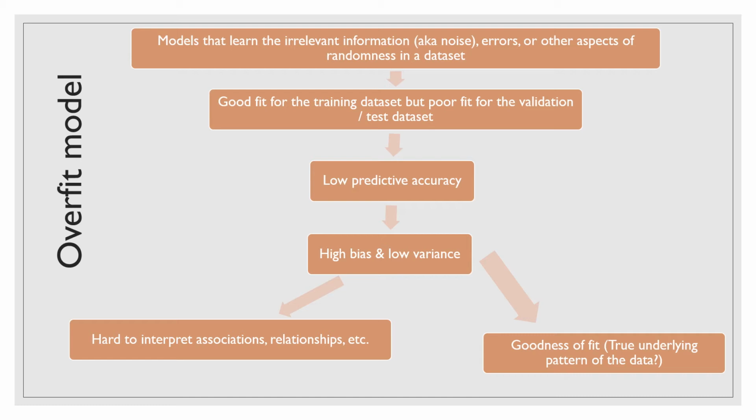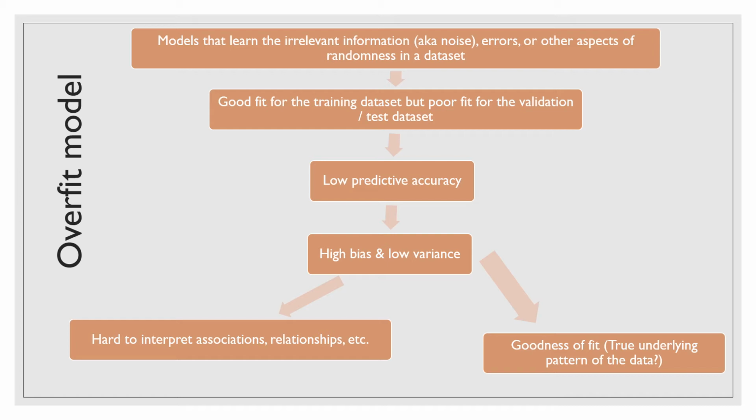And because of that, it's going to affect the fit for our training and testing datasets. We have an overfit model when the model fits the training data well, but it has a poor fit for the validation or the test dataset.